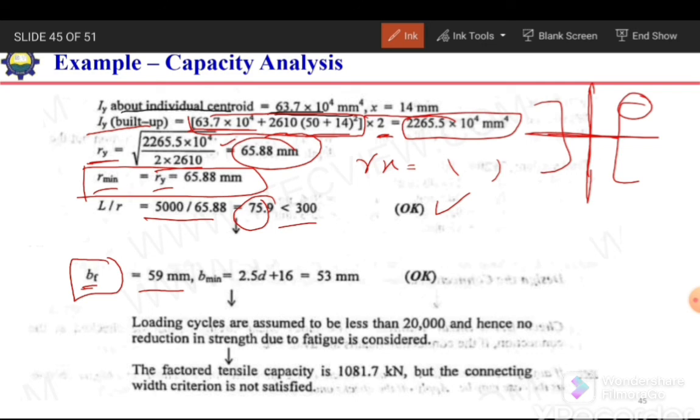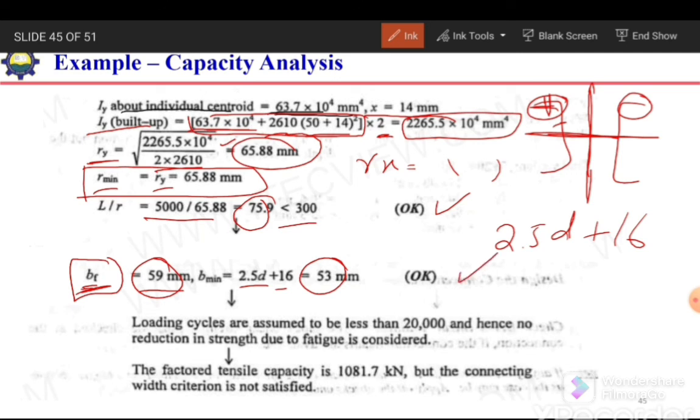Here only the flange is connected, with no bolt in the web, so we can use the formula 2.5 times diameter of bolt plus 16 to calculate B minimum. So 2.5 diameter plus 16 is 53, but the width of flange is 59, so the width of this connected member is okay. This limitation is also okay.